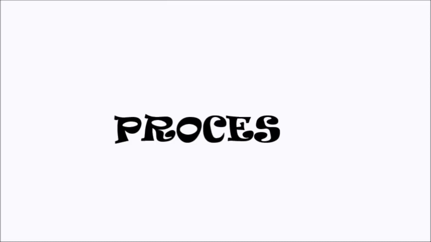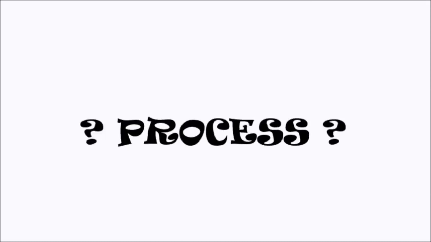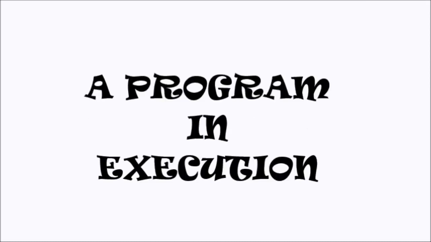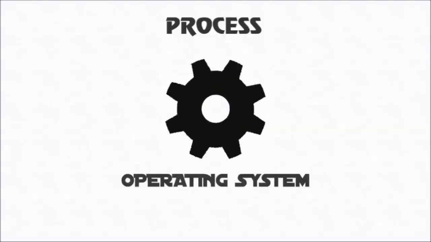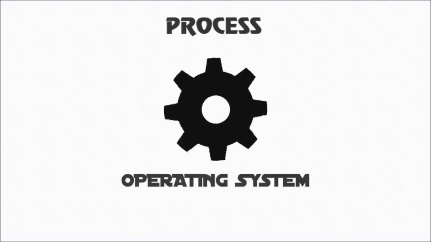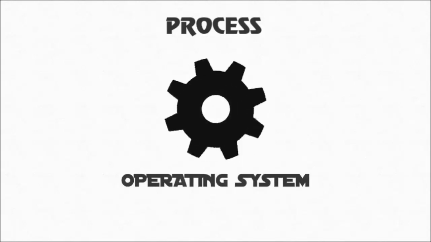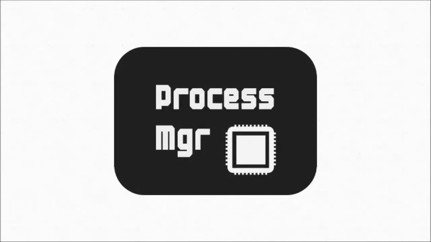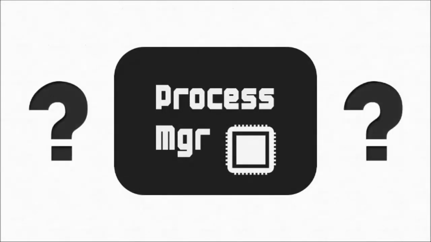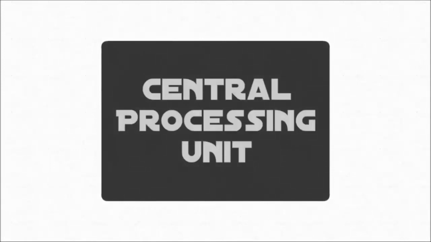A process can be defined as a program in execution. Every task we perform on a computer is made up of processes. Browsing, listening to music, and printing a document are all examples of processes. The process manager decides how to allocate the brain of the computer, known as the CPU.